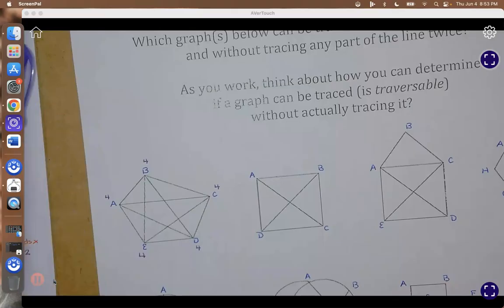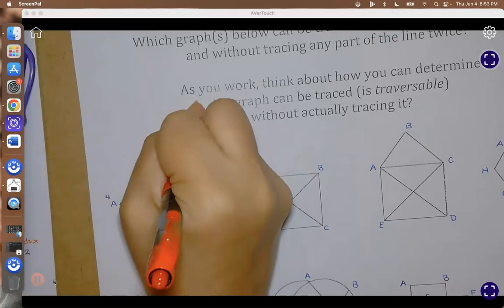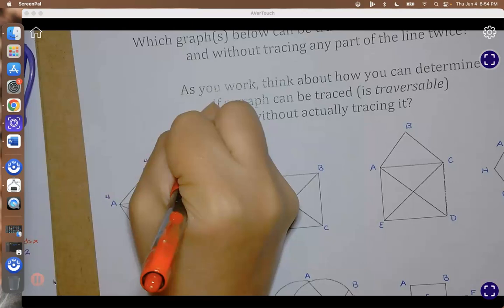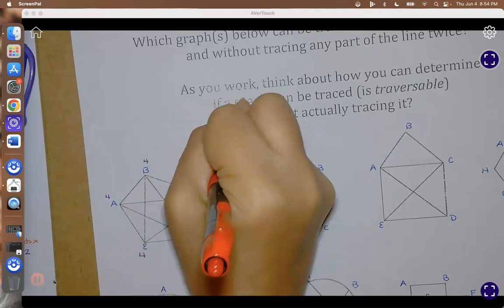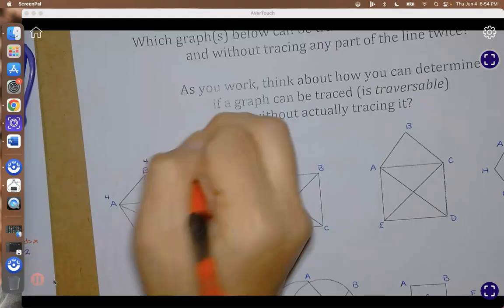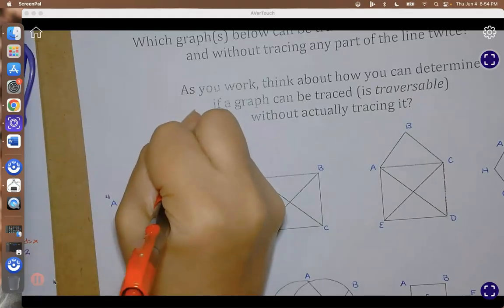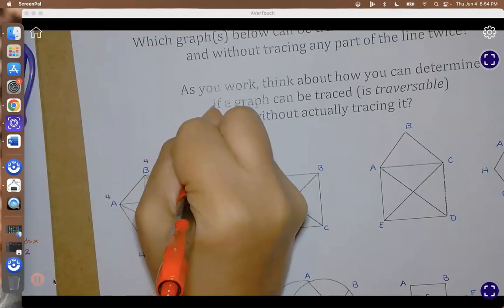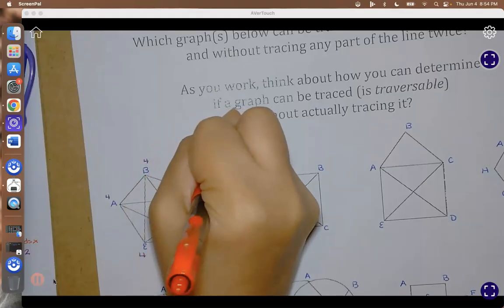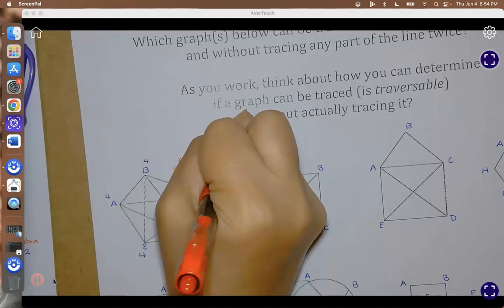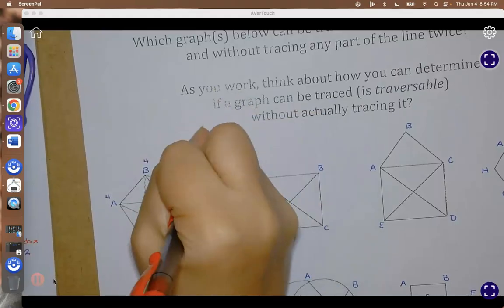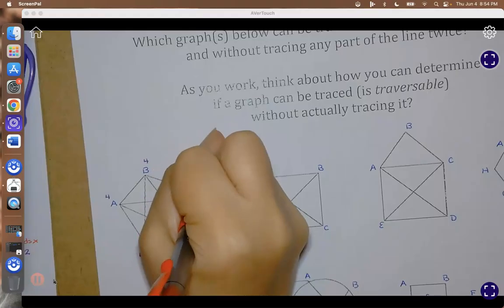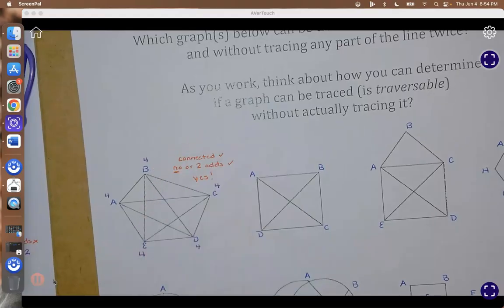So we ask ourselves, first of all, is it connected? There's no disconnect anywhere. Then we ask ourselves, are there no odds or two odds? And there are no odds. So this one is yes, it can be traced. Okay, let's go to the next one.